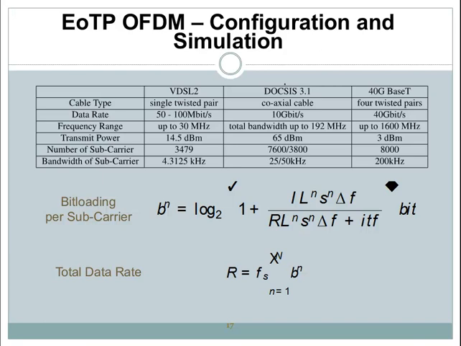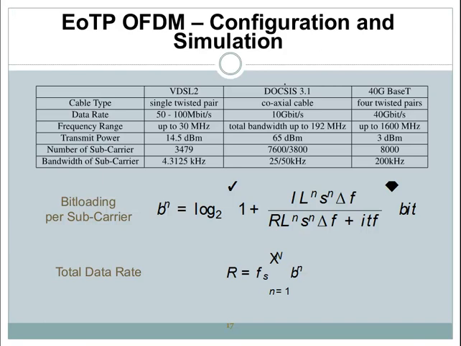Obviously, we have a much wider frequency range. VDSL2 uses only 30 megahertz, and DOCSIS uses only 122 megahertz, and now we are using 1600 megahertz. We divide these 1600 megahertz into 8,000 subcarriers, and the size of each subcarrier is 200 kilohertz.